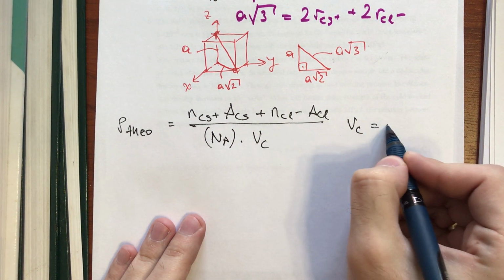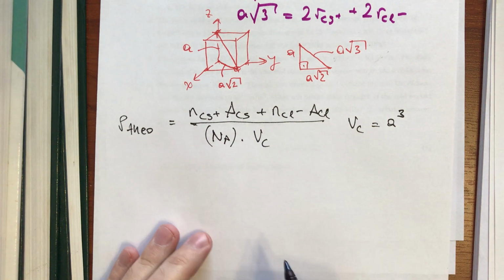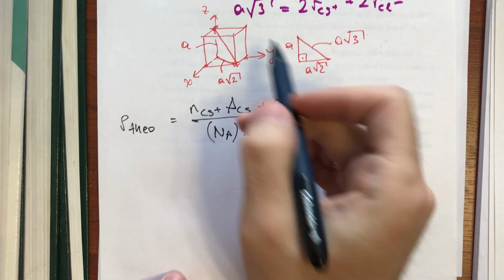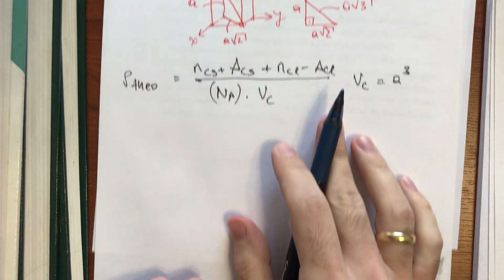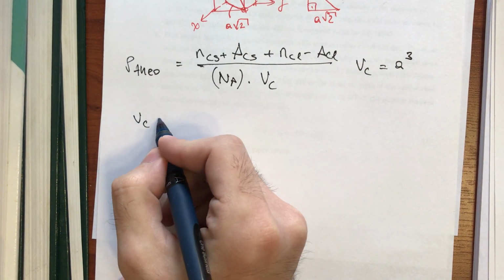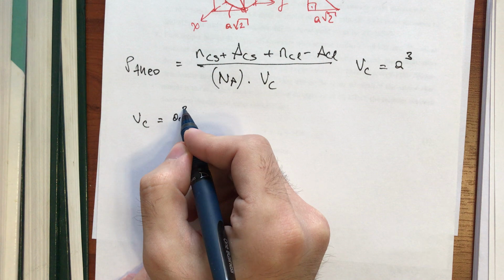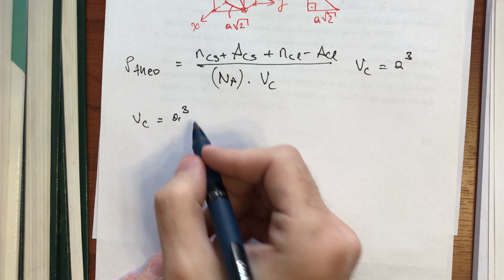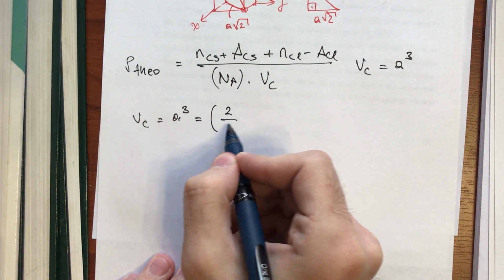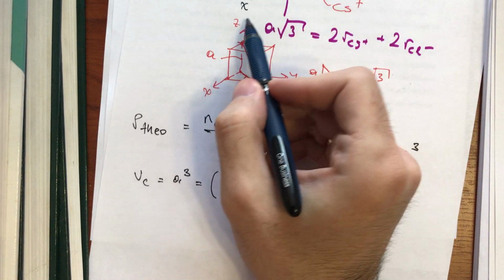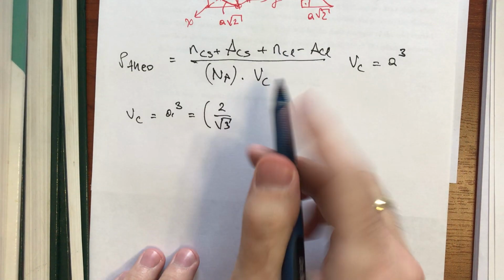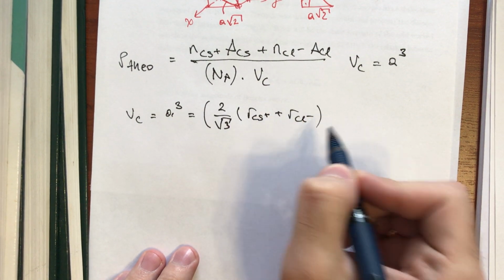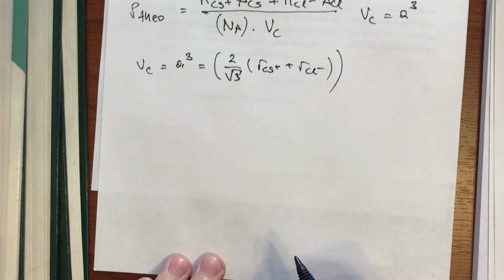The volume of the unit cell is going to be a cubed, and since we have an expression here now, we can find a to be 2 divided by square root 3 times the sum of the radii. From here we leave a alone, and we have this expression.